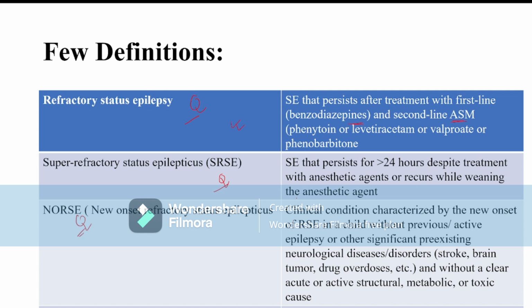The definition is a clinical condition characterized by new onset of refractory status epilepticus in a child without previous or active epilepsy or other significant pre-existing neurological disease or disorder like stroke, brain tumor, drug overdose, etc., and without any clear cause of the status epilepticus. So if we do not know any cause of the refractory seizure, we label the patient as NORS.